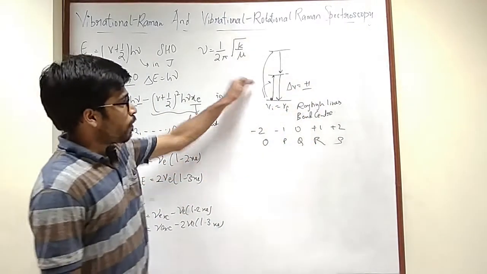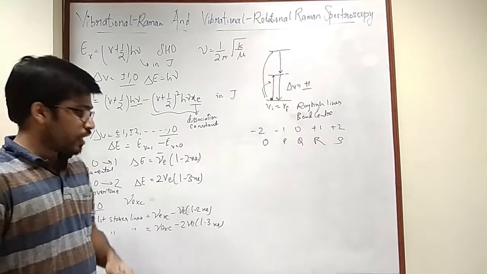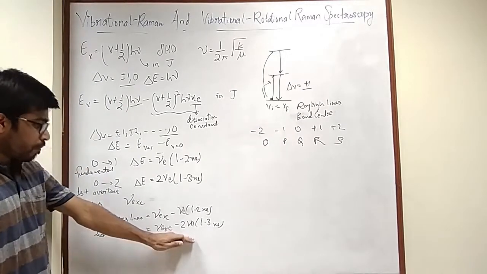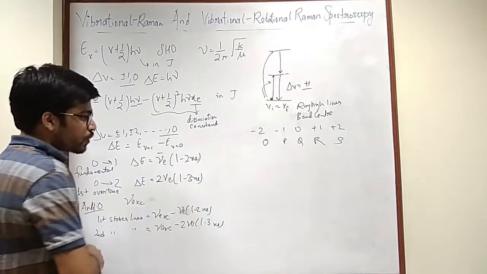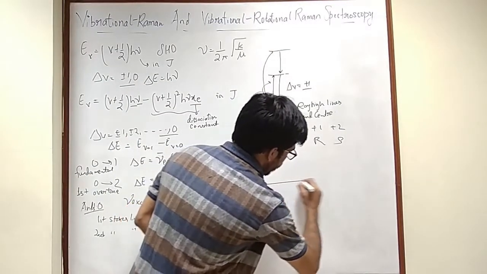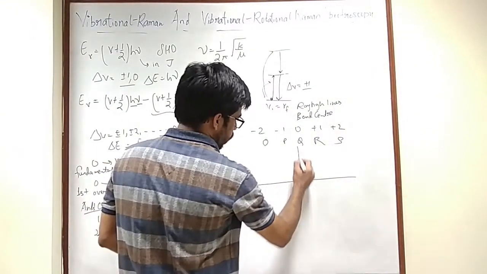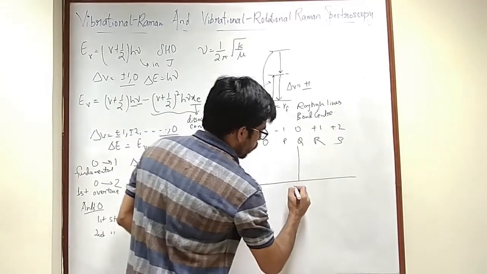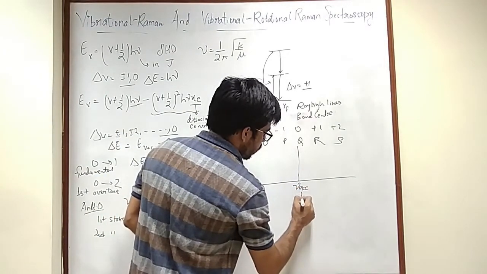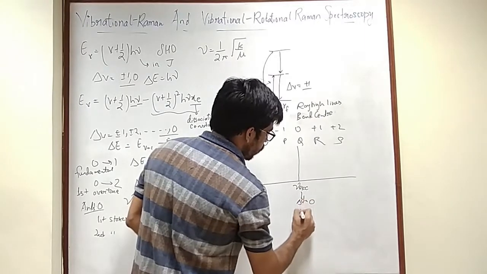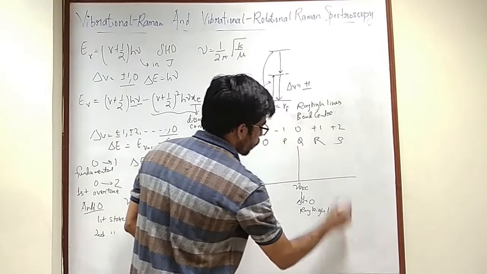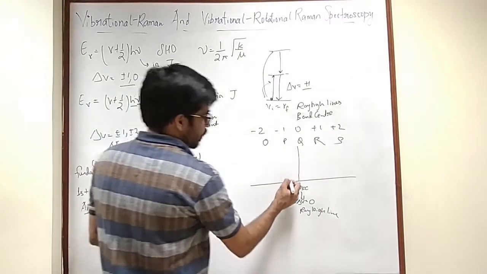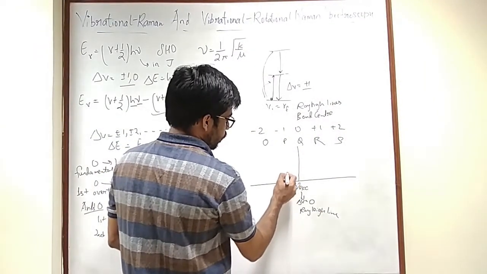So there is a positive transition in the vibrational energy levels, but in the Raman spectra, we will see the lines on the Stokes side. So how would this look? The spectrum will look something like this. This is your nu excitation, delta V equals 0, the Rayleigh line. Now there will be a line here.